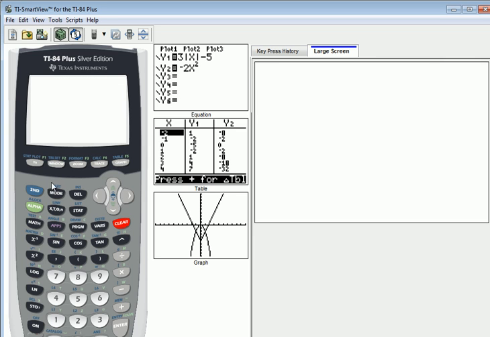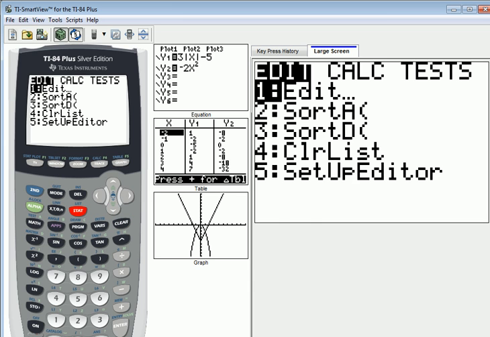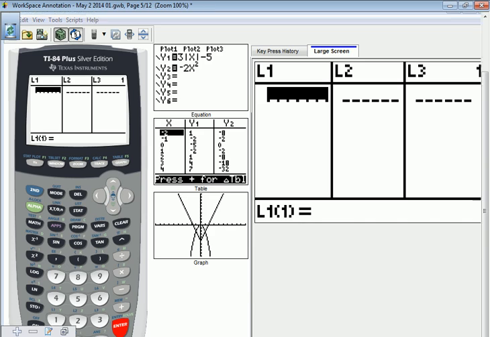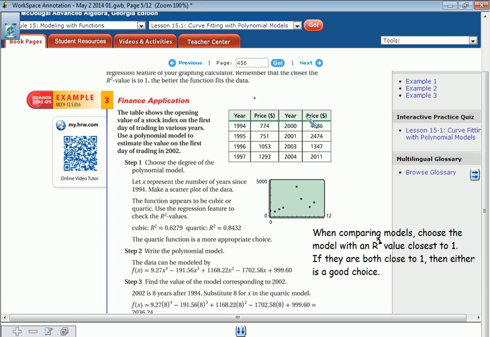Okay, now we're going to go in and enter that data, and hopefully you remember how to enter the data. Go into statistics, go into edit, and we're going to enter our data. So let's take a look at our data, and our data is this data right here. Now I'm going to let this be year 0, so this would be 1, 2, 3, and then 2000 is how many years after.